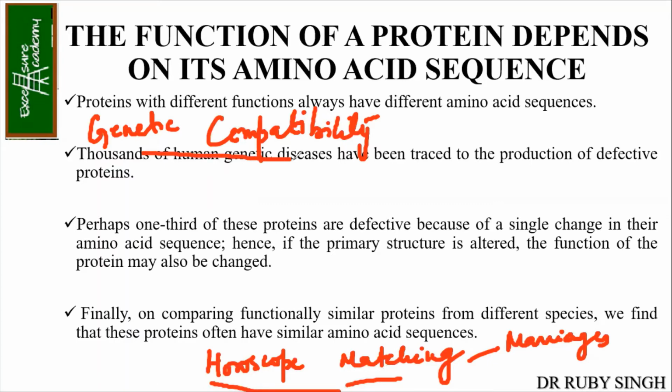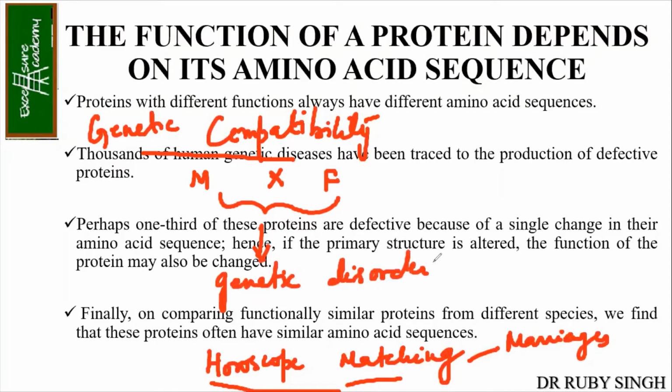they go for genetic compatibility. So what do we mean by genetic compatibility? It means checking the probability that the child the male and the female who are going to get married have is going to have any genetic disorder. Suppose someone from your family has diabetes or cancer, which are inheritable, or from the father's side, right?